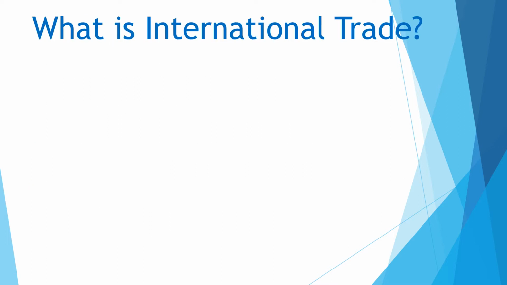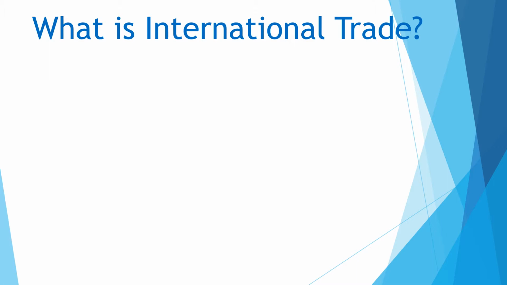What exactly is international trade? Let's think about the two terms, international trade. As you would have learned in the 10th grade, trade is the exchange of goods and services for money or some form of payment. International is obviously outside of the country of a particular person that we're referring to.